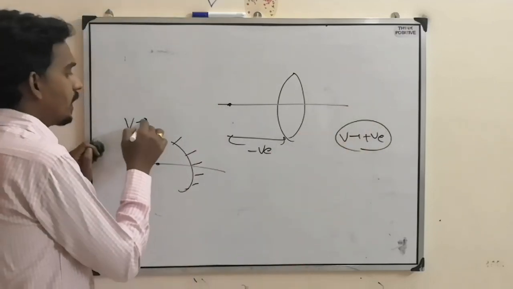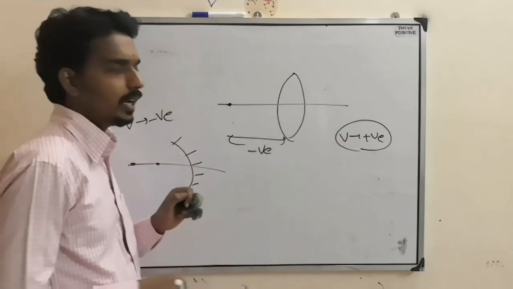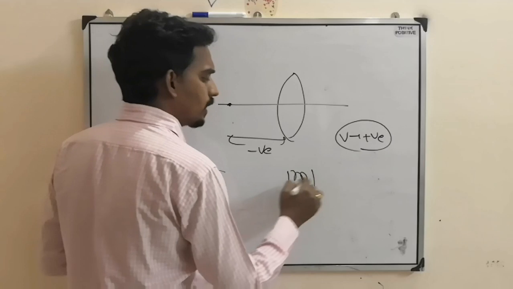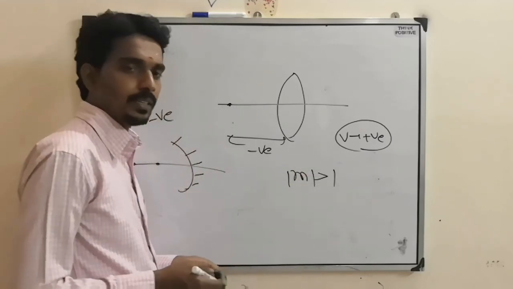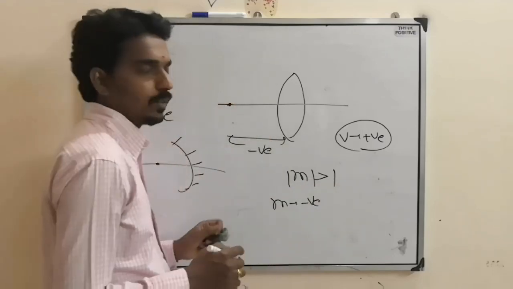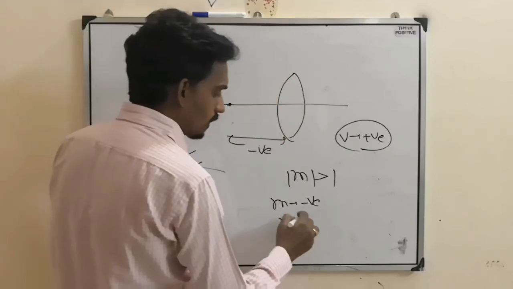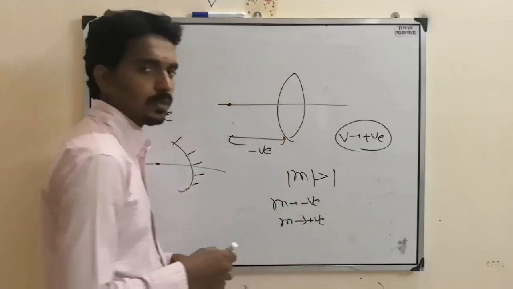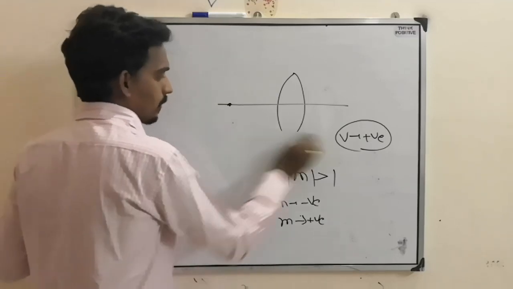So here v negative means virtual, but here v positive means real, and the remaining is the same: magnification magnitude greater than 1 means enlarged, less than 1 means diminished, and magnification negative means inverted, one up, one down. Both up or both down means magnification positive, then we conclude that it is an erect image. So these things you have to remember.